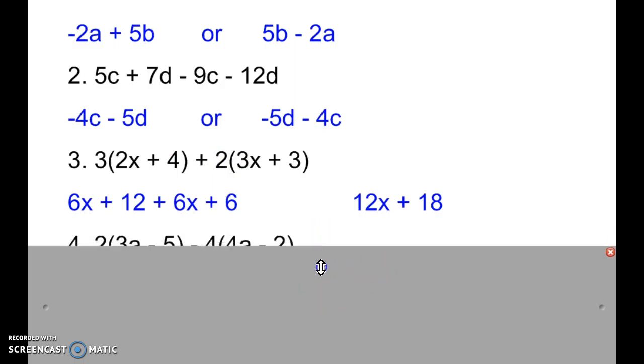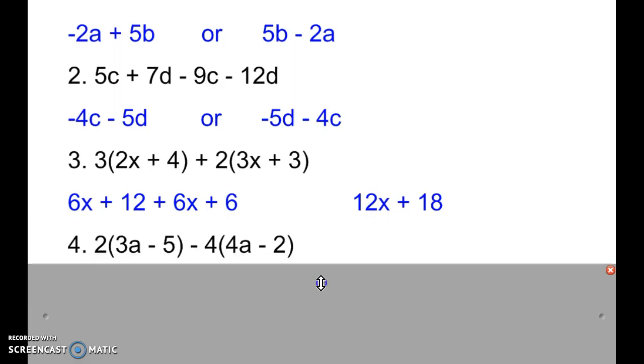And the final one, there are a couple of potential pitfalls in here. 6a minus 10, fairly straightforward. When we get here, watch out for this negative here.